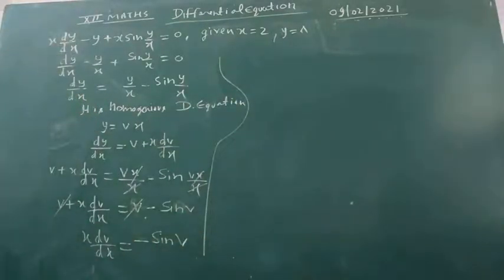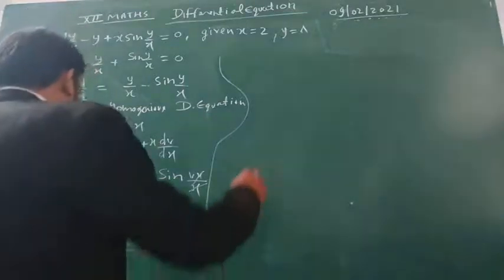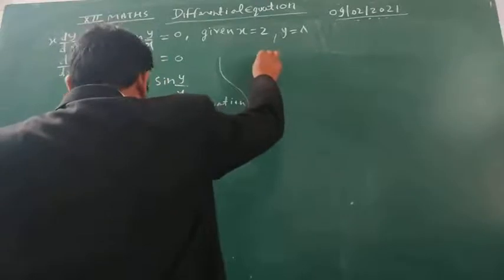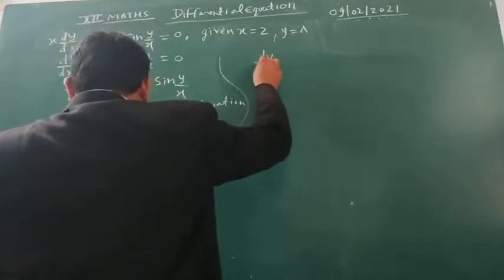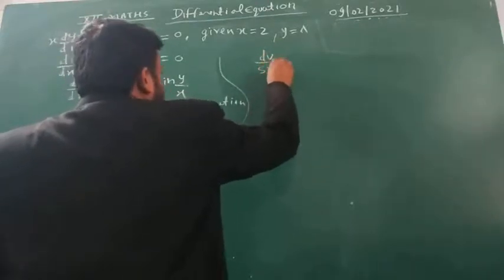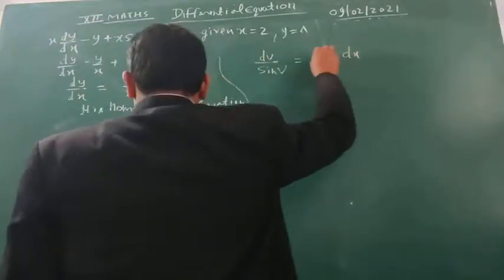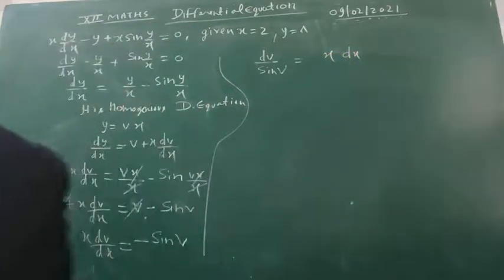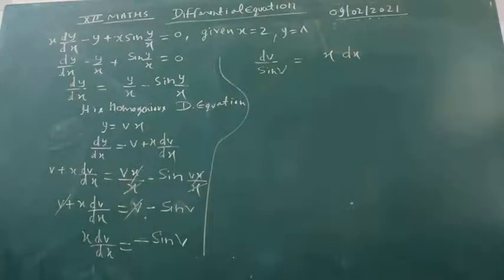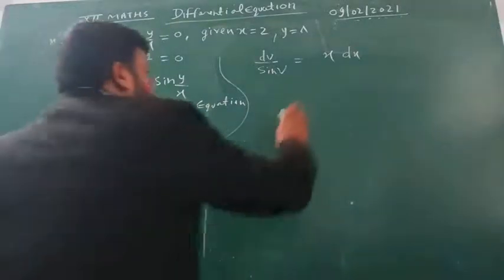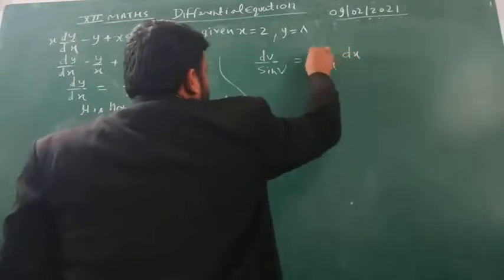Now students, we separate the variables. So we write dv by sin v is equal to dx by x, sorry, this is 1 by x and this is minus.